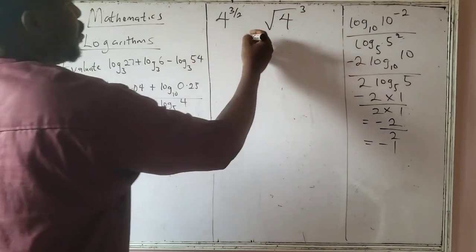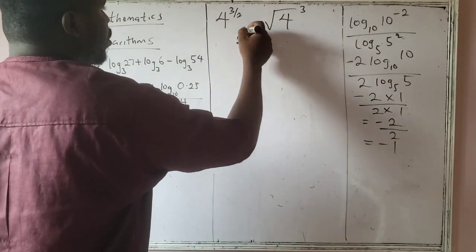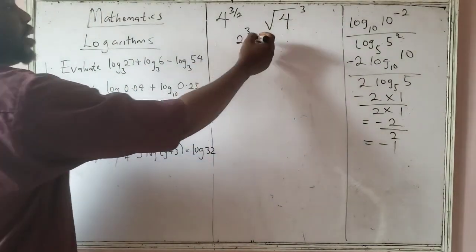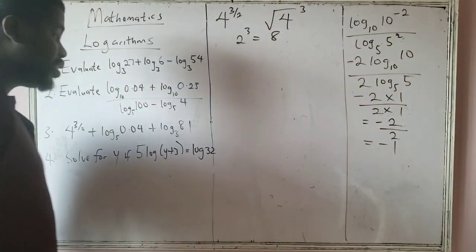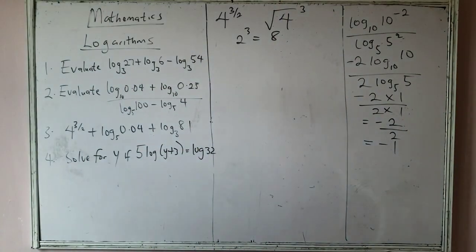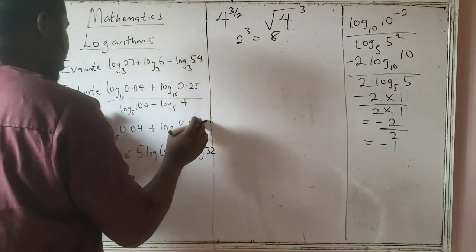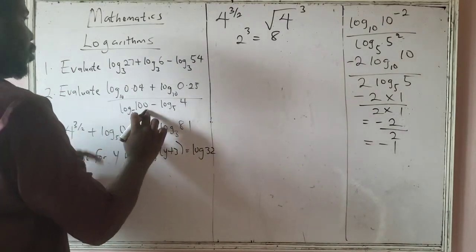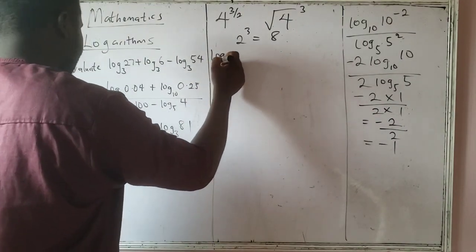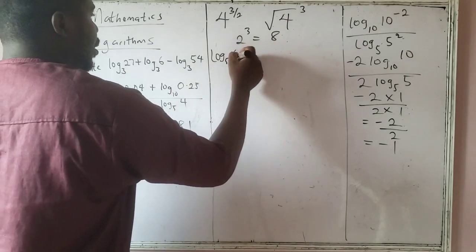And what is root 4? Root 4 is 2. So that is 2 raised to power 3. And 2 raised to power 3 is 8. So let me quickly do them one by one. And log 5.